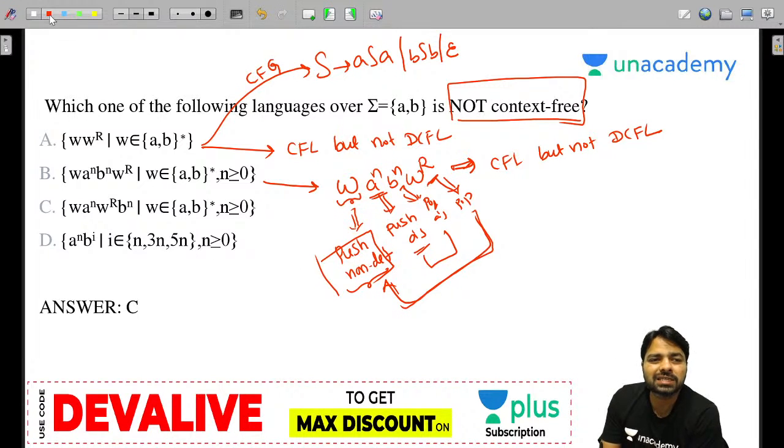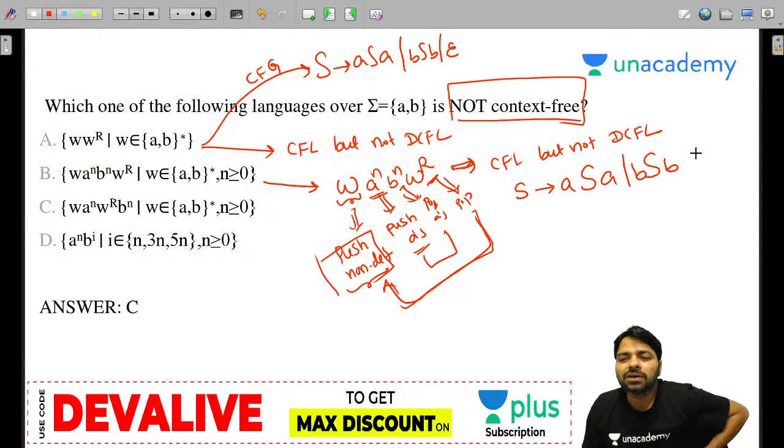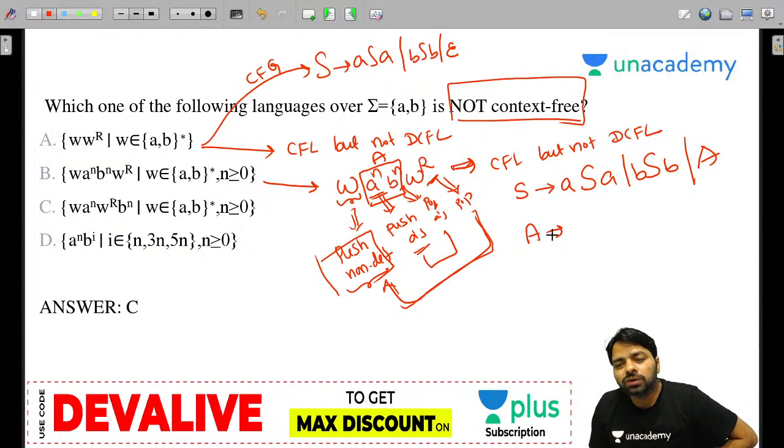And if you are really interested to write a grammar for this, you can do that. If you are confused with that, S derives, use the same concept, a S a or b S b. But how does this end? With capital A. And I'm going to write a capital A for this. So what should capital A do? A derives a A b or epsilon.